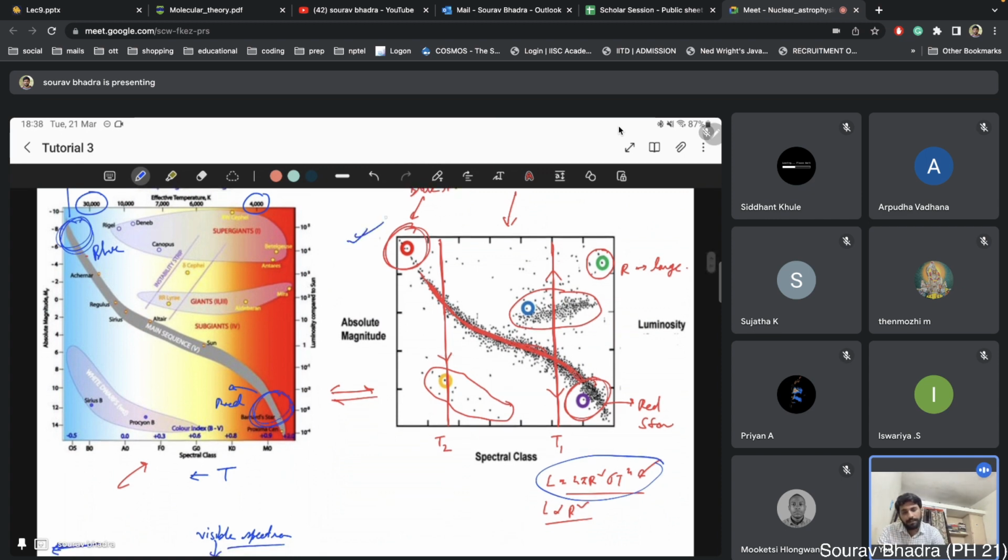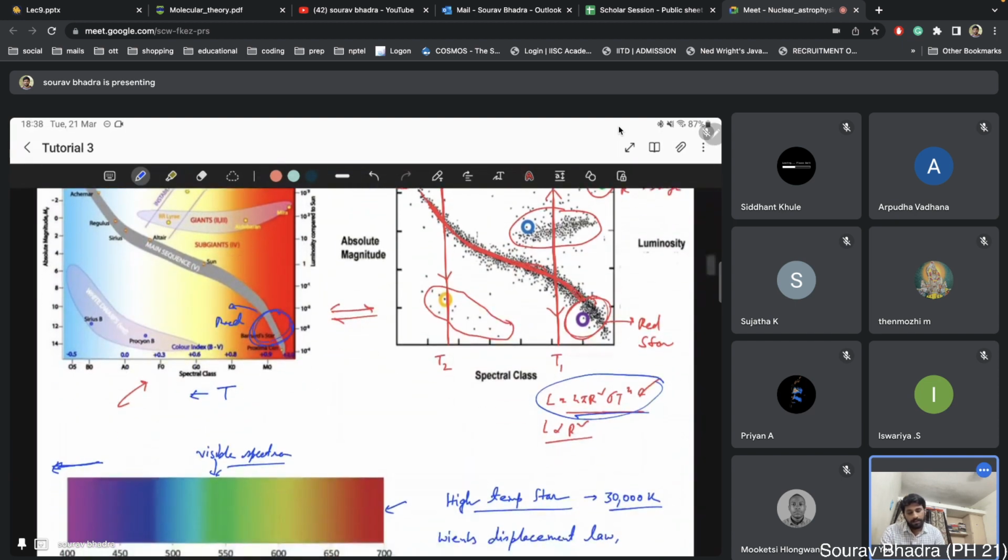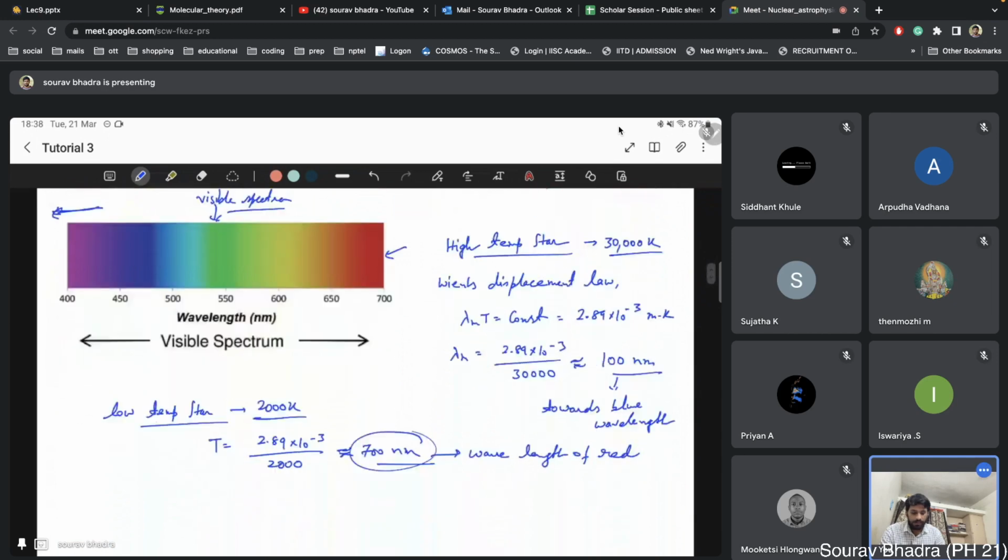I told you in the first class also. If you forget, you can still say this is my red giant, this is my white dwarf, not by calculating, just by looking at the luminosity expression. Okay, so I think it is done.